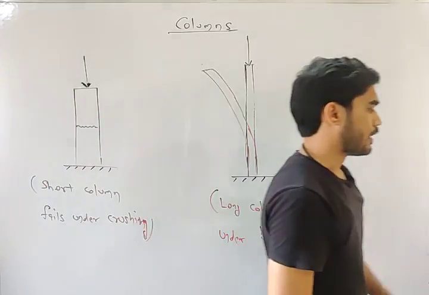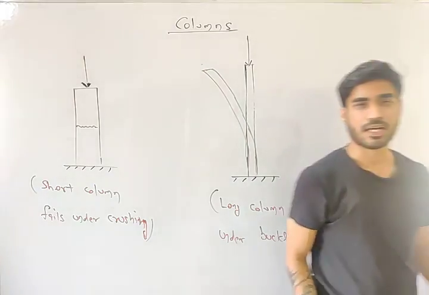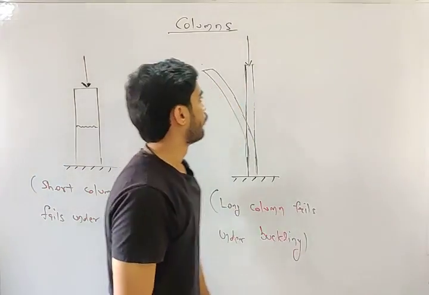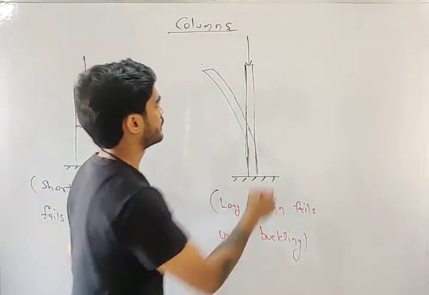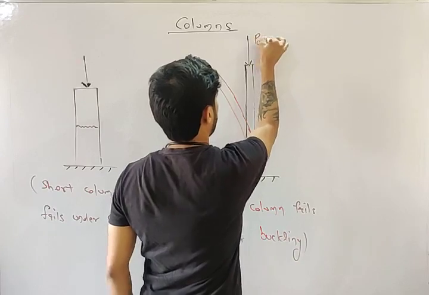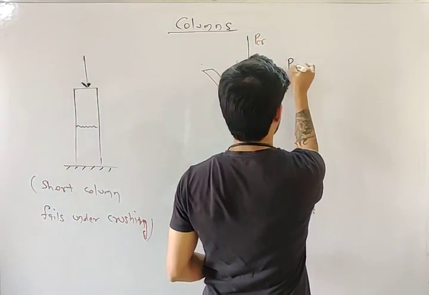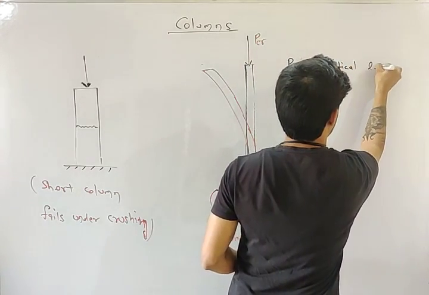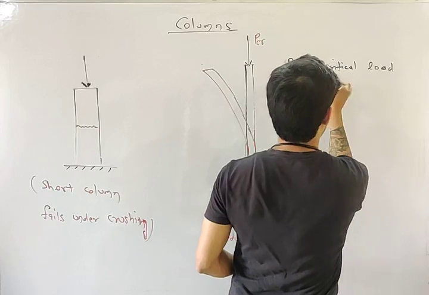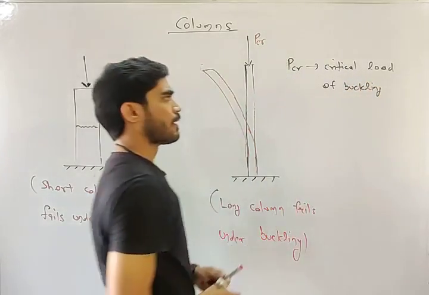Now, in this chapter, what is our objective? Our objective is to find the load at which the column buckles. This load is known as the critical load of buckling. This P critical is the load at which the column buckles.